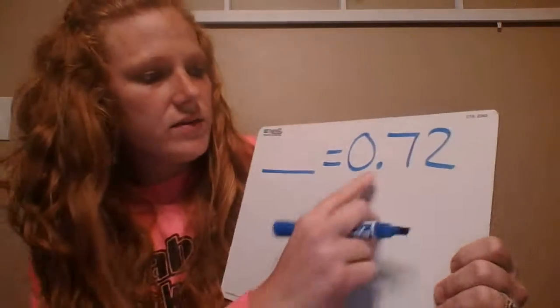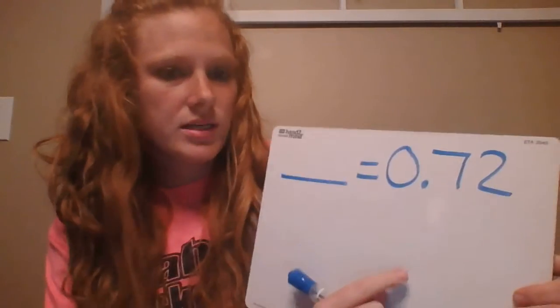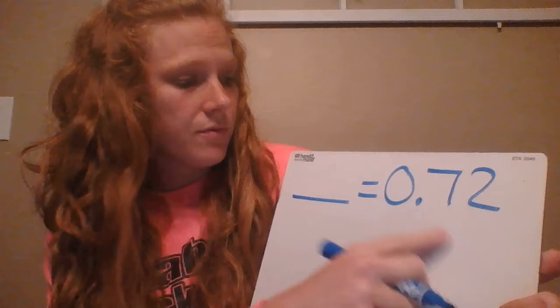Alright, we're going to do 2 more together, and then I'll give you one bonus one that if you do and you send it to me, I will give you an extra dojo. So our next one, instead of them giving us the fraction, they're actually going to give us the decimal, and we have to convert it to a fraction. So 72 hundredths is how it is written in decimal form.